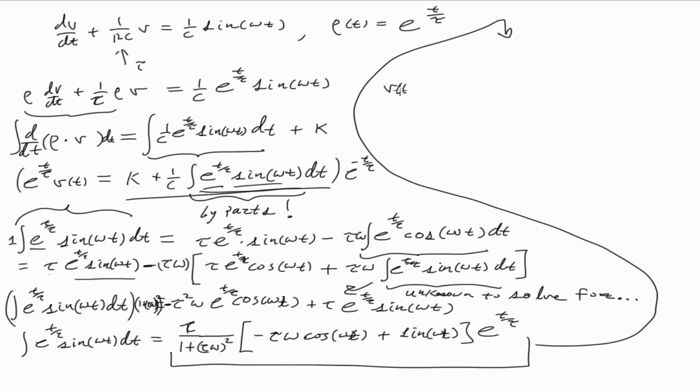So what I'm going to get is v of t is equal to k, that integrating constant, e to the negative t over tau, plus 1 over c times tau over 1 plus tau omega quantity squared, times negative tau omega cosine omega t plus sine omega t.